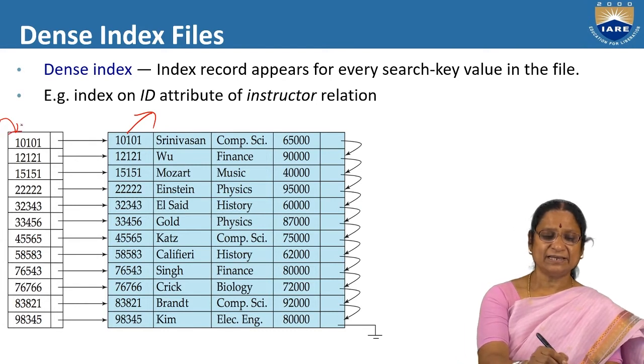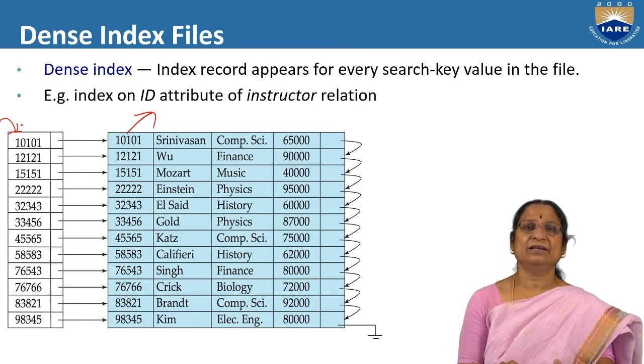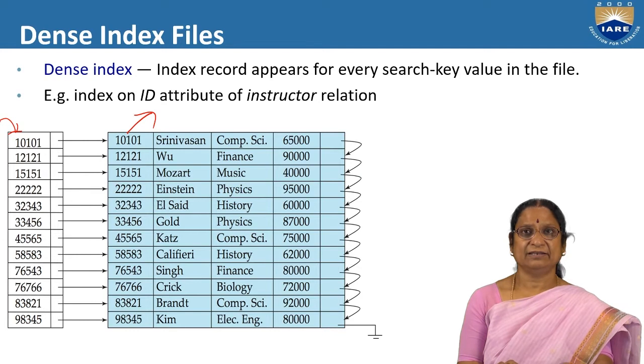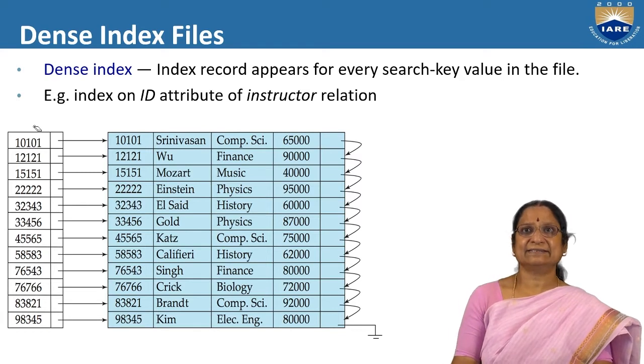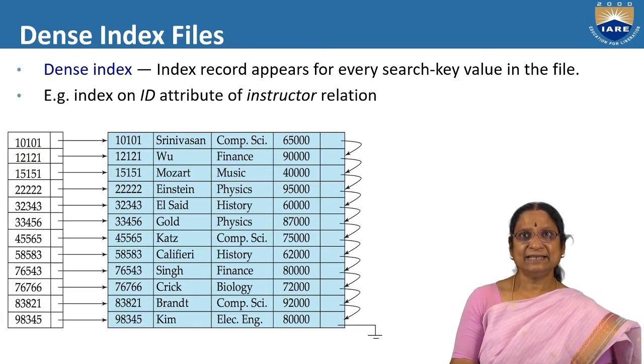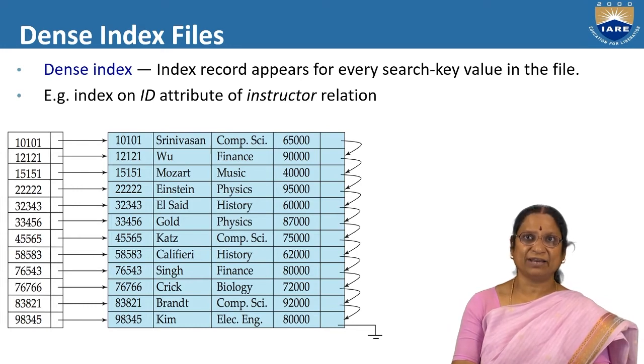So for every ID, the respective pointer is pointed. Such kind of indexing is known as dense indexing. So dense index means an index record appears for every search key value of the original file.